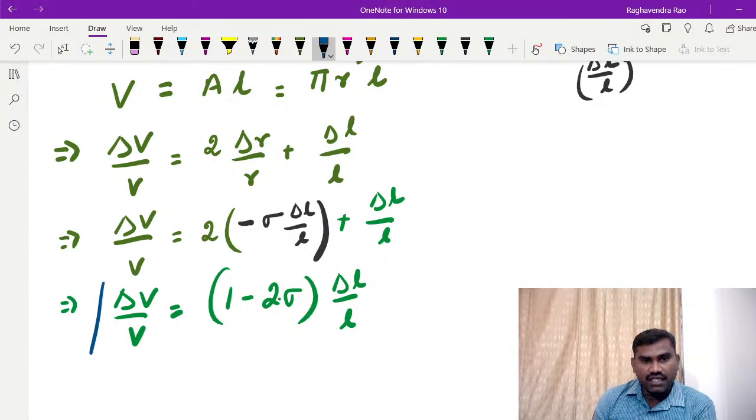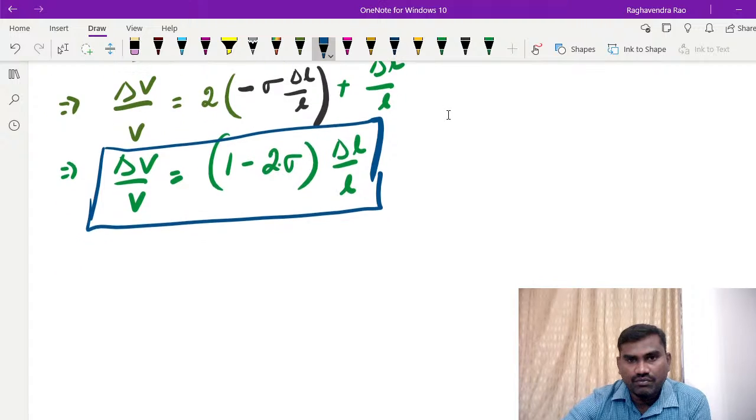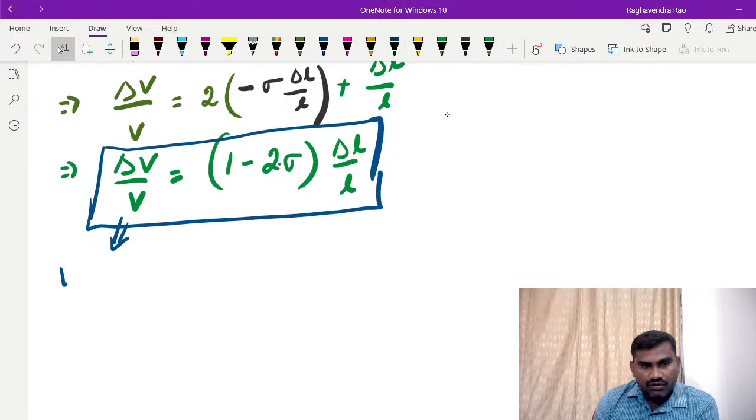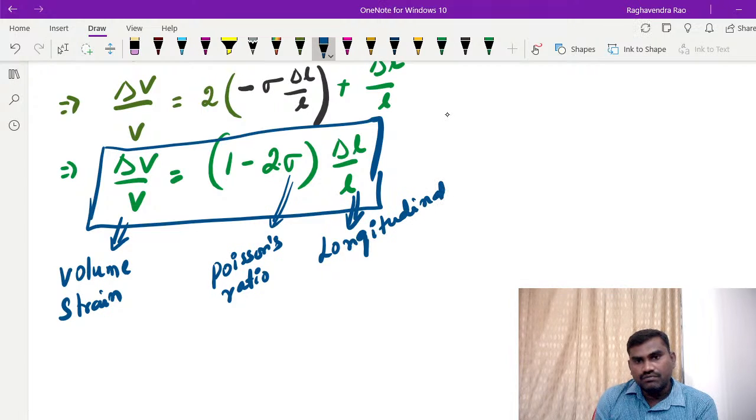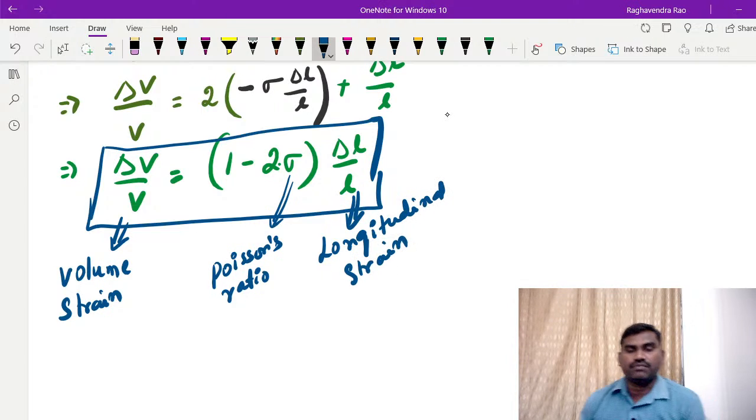So this is the relation among volume strain, Poisson's ratio and longitudinal strain.